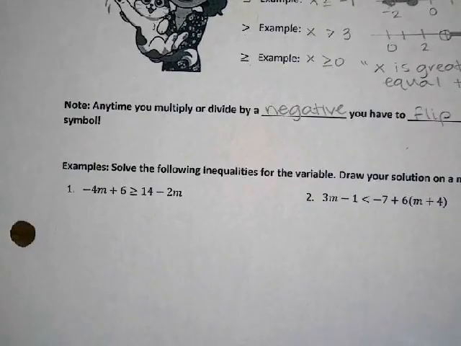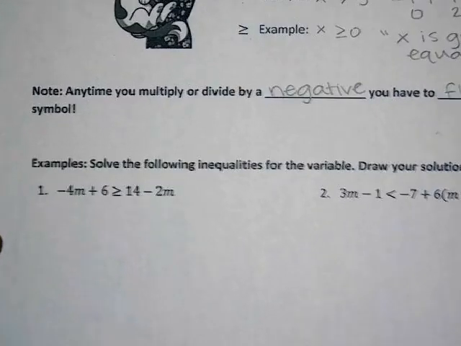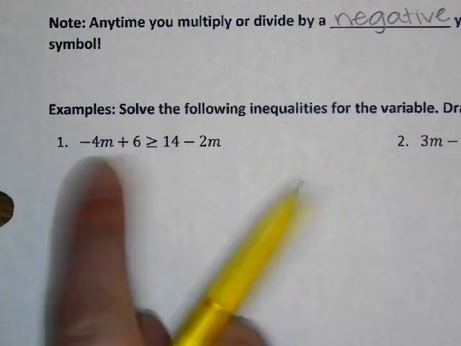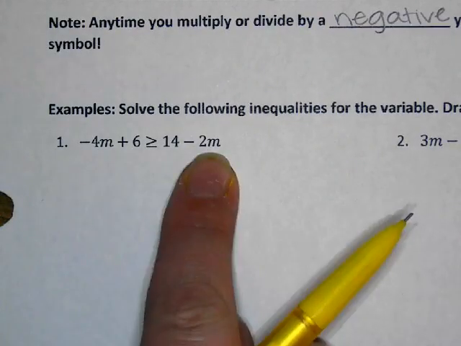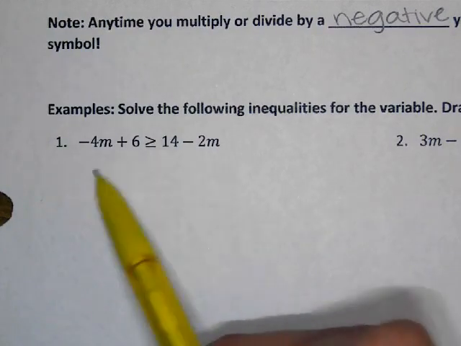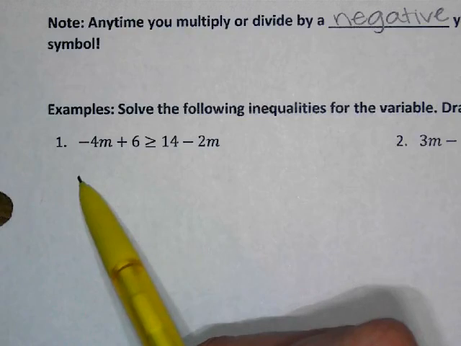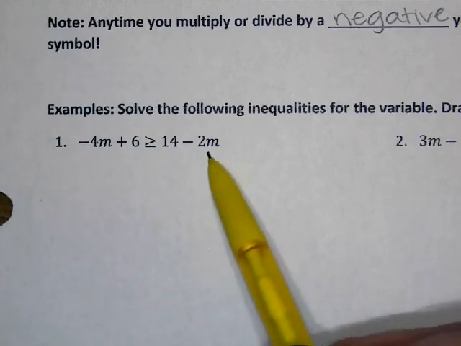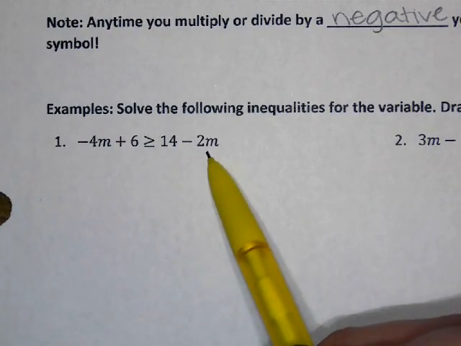So if we look at example number 1, let's say that for these two sides, I wanted to take the m's and I wanted to move them all to the left side of the inequality. How would I move a negative 2m to the left side?